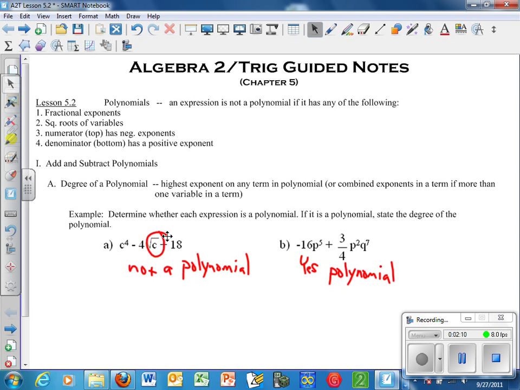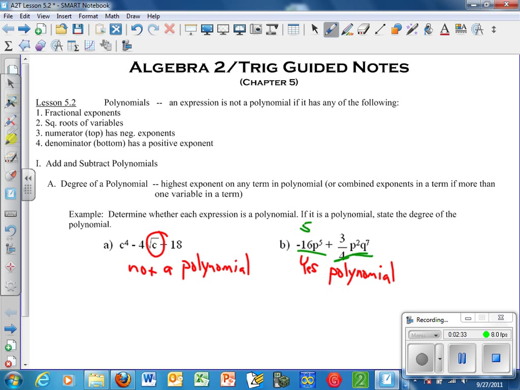The degree, we look at the degree of each term. So if you look at the exponent on this first term, it is 5. So that term has degree 5. If we look at the exponents on the second term, okay, this whole second term here, but looking at the variables, notice there's more than one variable. It's p squared q to the seventh.